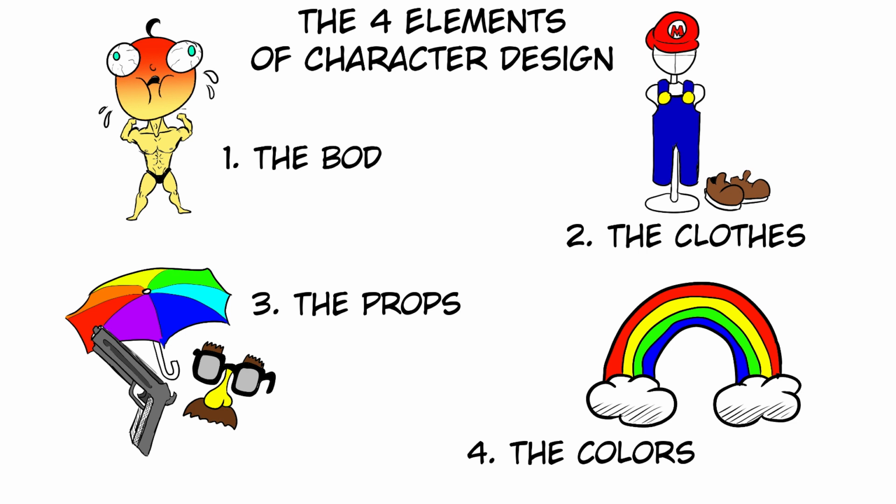Props just means things that are on them or are part of their character, but isn't part of their wardrobe. So, for example, a cane for an old person, or maybe a gun for a gunslinger, etc. Right? That's what props are. And then the last one is the colors.